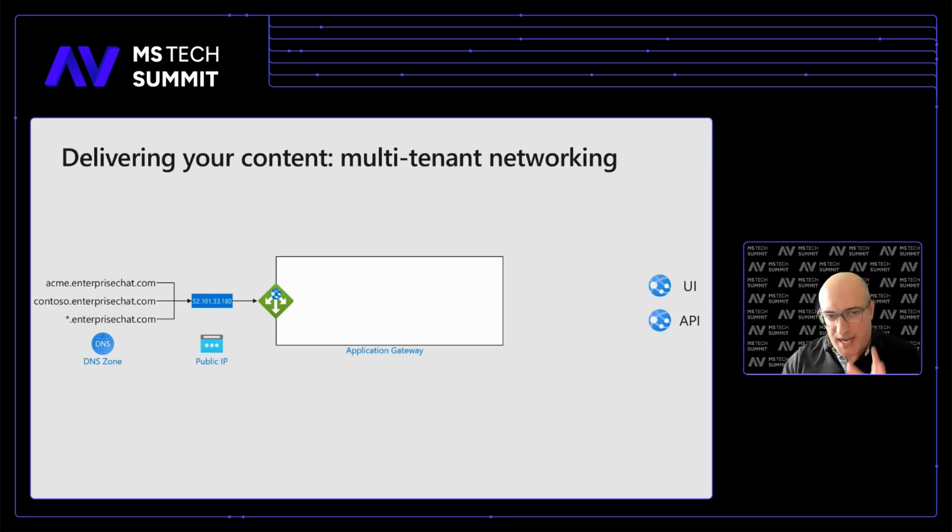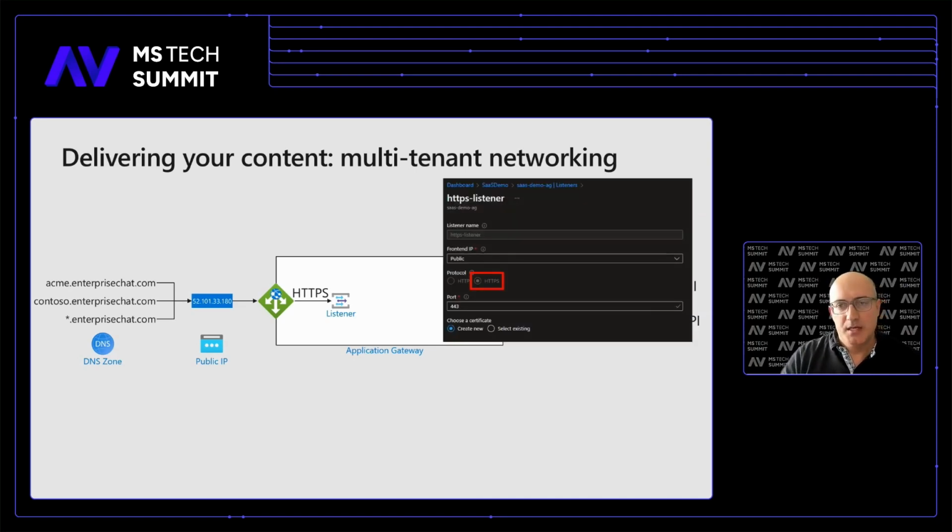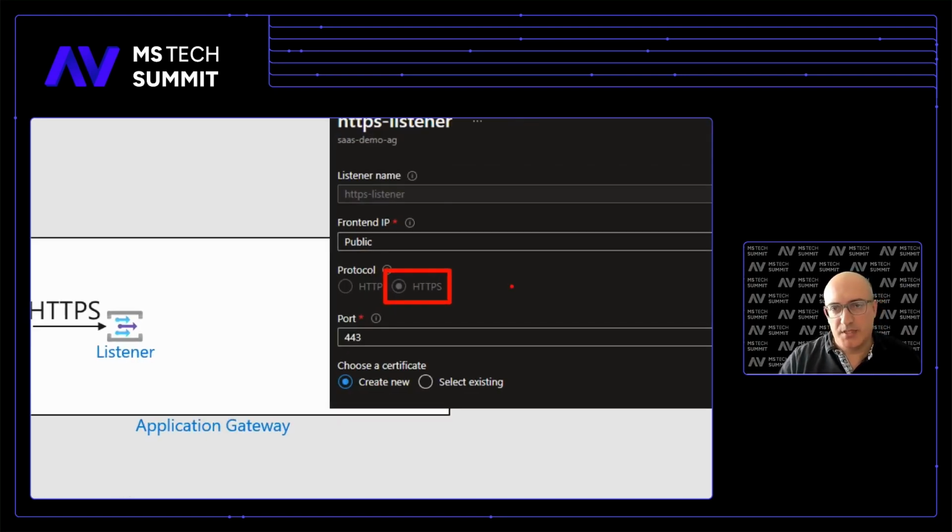But I will try to guide you through the setup process. So the first thing that we need to do is spinning up a listener. What is a listener? A listener is a component that listens to an IP address, right? So we need to configure it to listen to the HTTPS port of our public IP address that we have just created. Okay, so far so good.